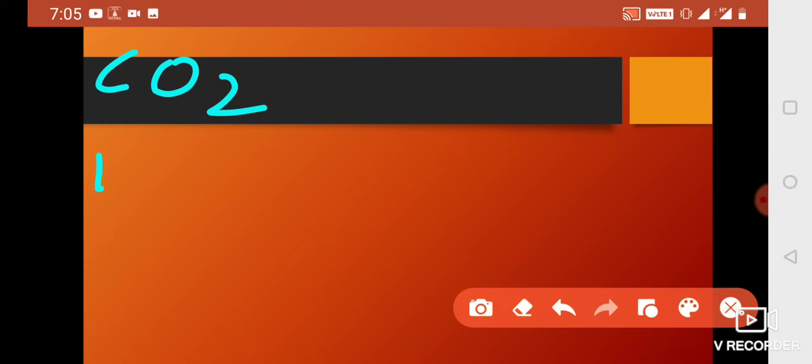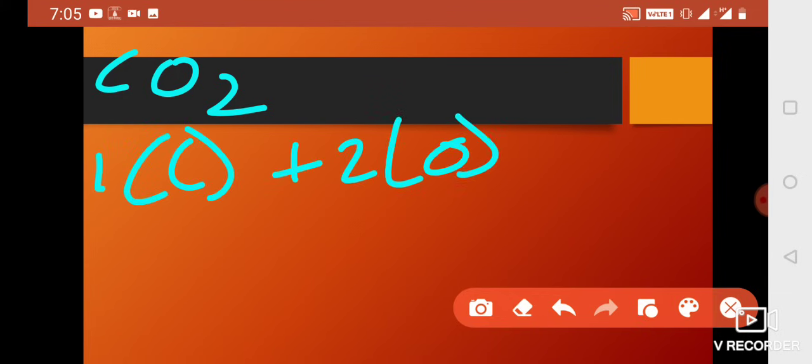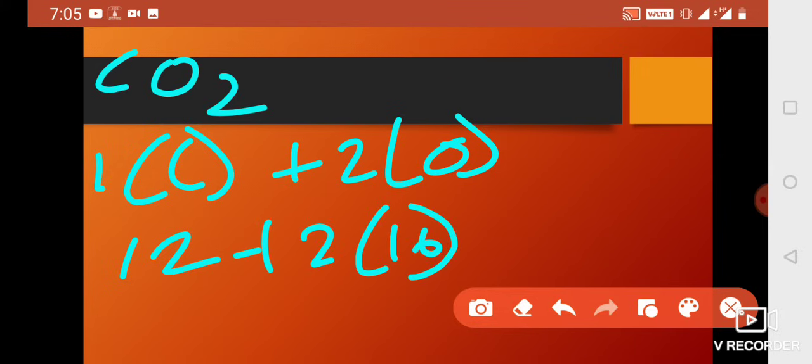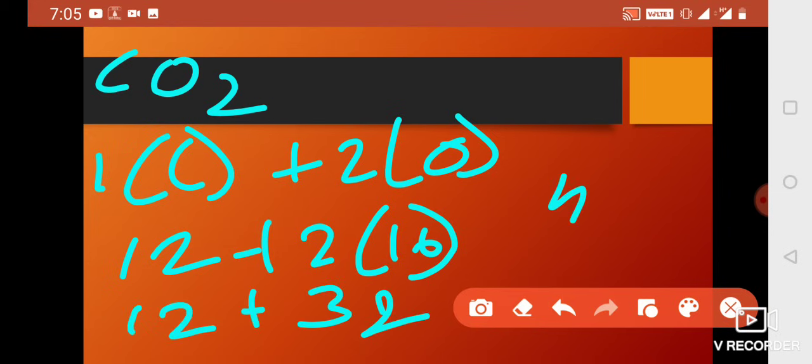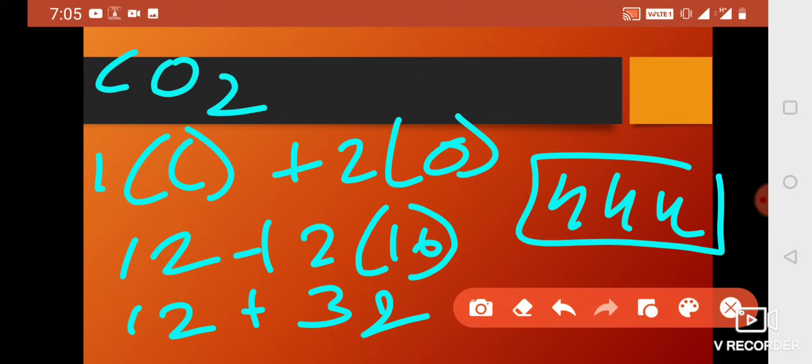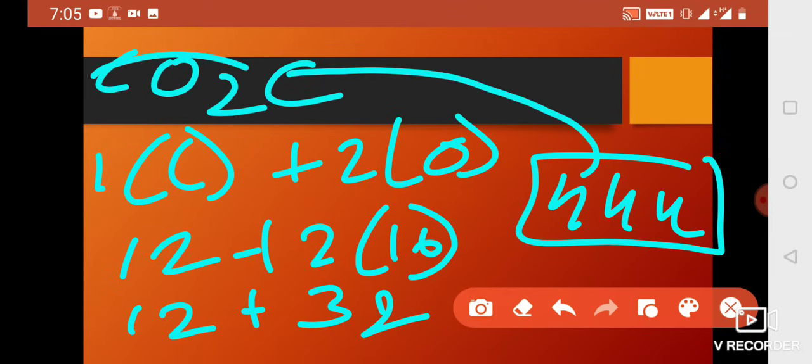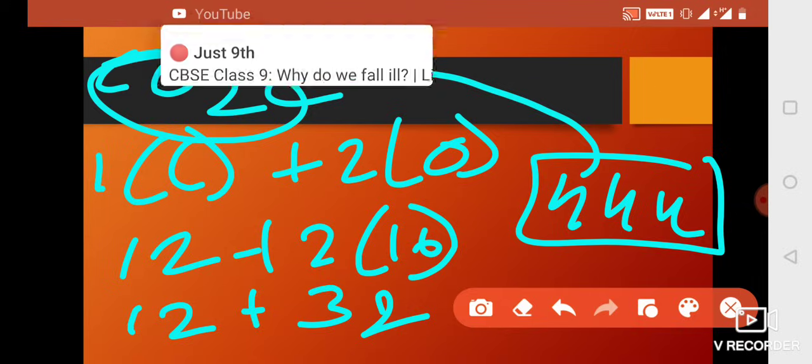This was very simple and very short. Similarly we can take CO2, carbon dioxide, 1 C plus 2 O. C is 12 U, O is 16 twice, so this is 12, this is 32, and 44 U is the molecular mass of CO2. So you can see that it is very easy to derive molecular mass.